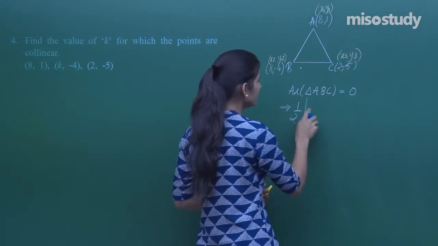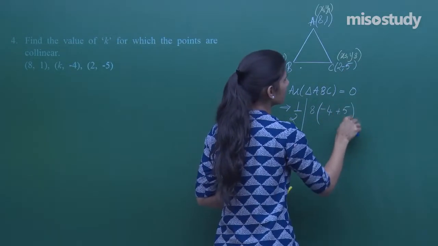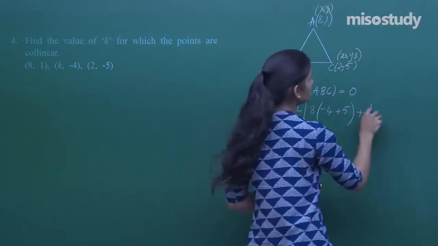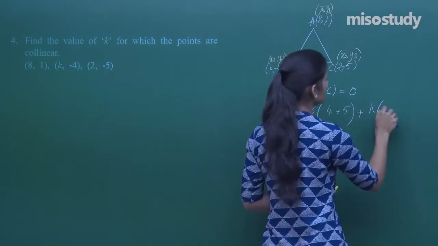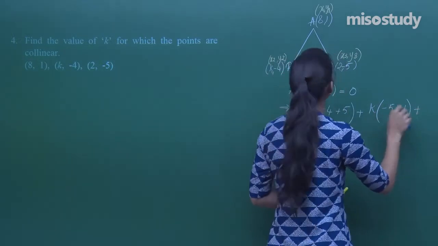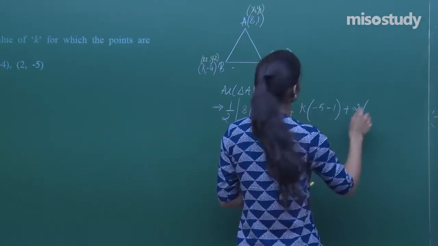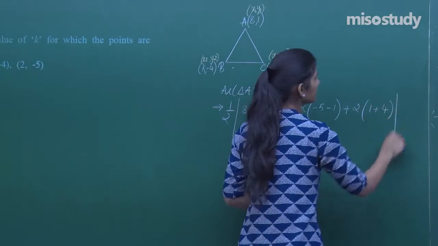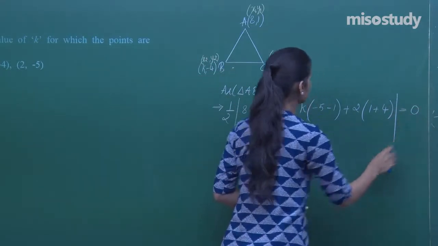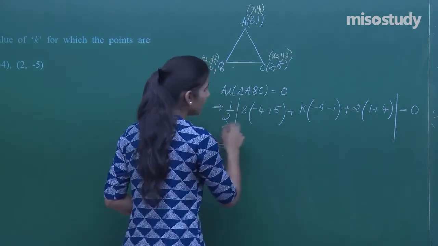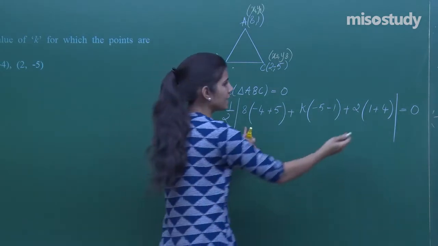So you have x1, y2 minus y3 plus x2, y3 minus y1, so minus 5 minus 1, plus x3, y1 minus y2, mod close. This is equal to 0. So half goes over there 0, mod goes over there 0. Basically mod of anything is 0 means that thing is 0.